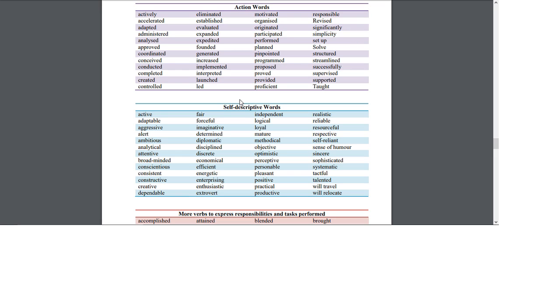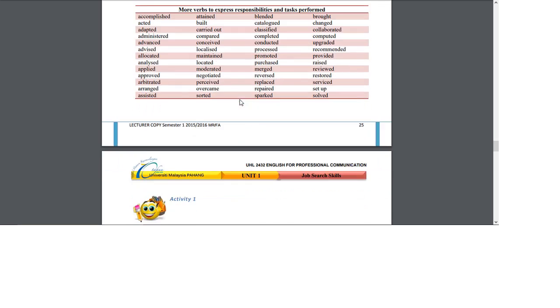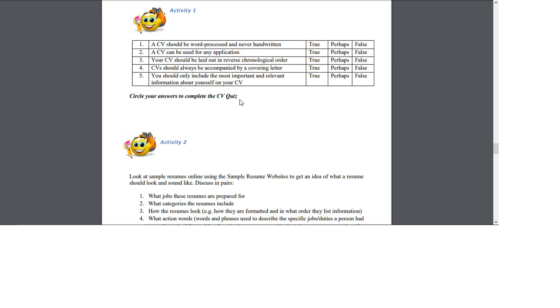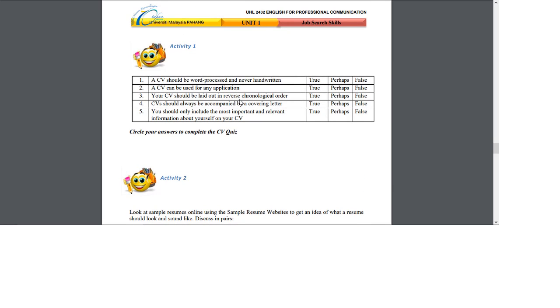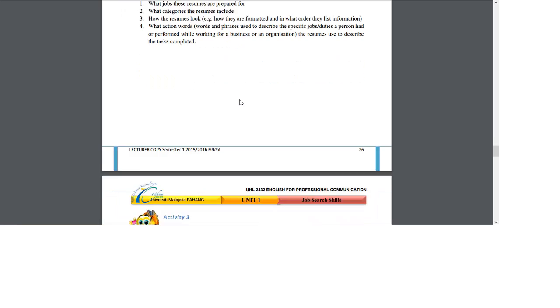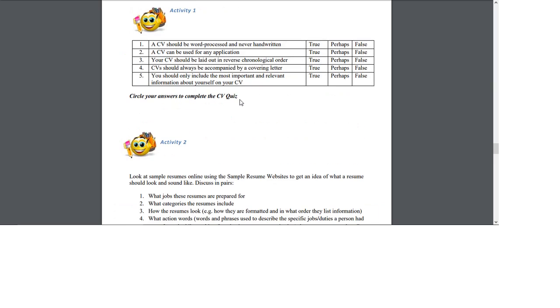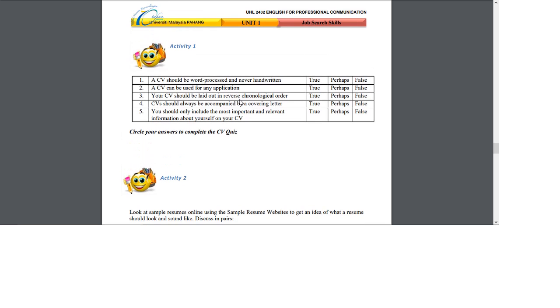So people read it in an active kind of situation, and they like what you have presented. Here are some of the activities. Please do the activities to get prepared for the assessment next week.